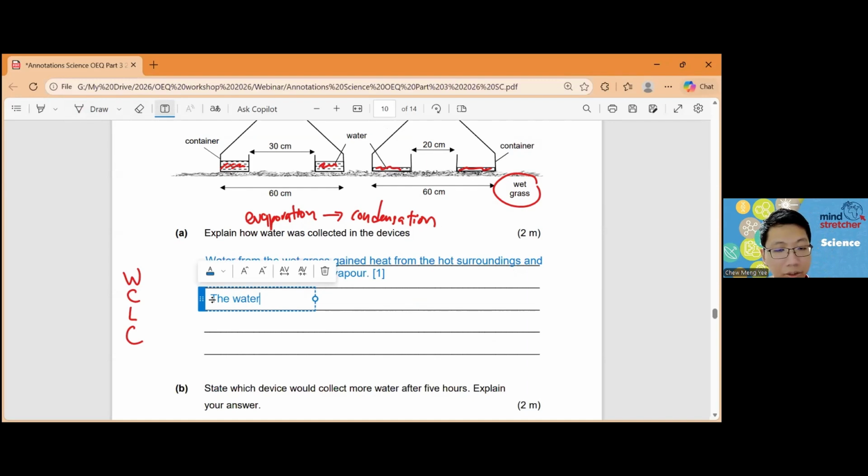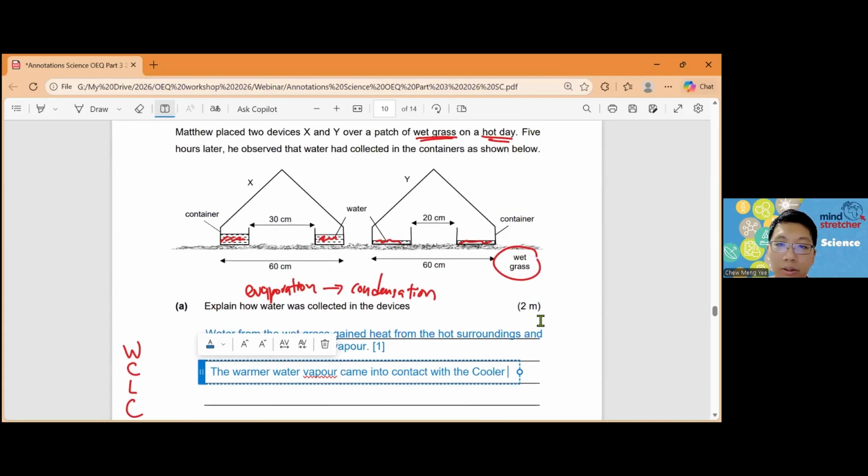So the warmer water vapor came into contact with the cooler inner surface, not container, of the device, lost heat and condensed to form water droplets.